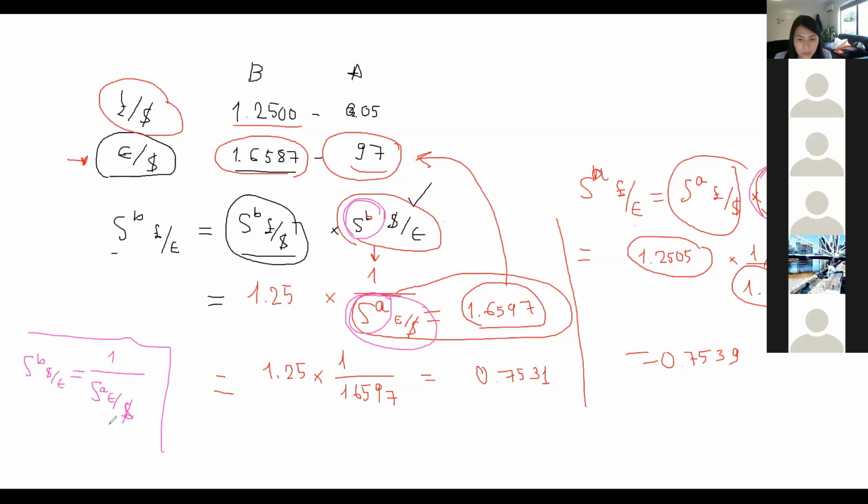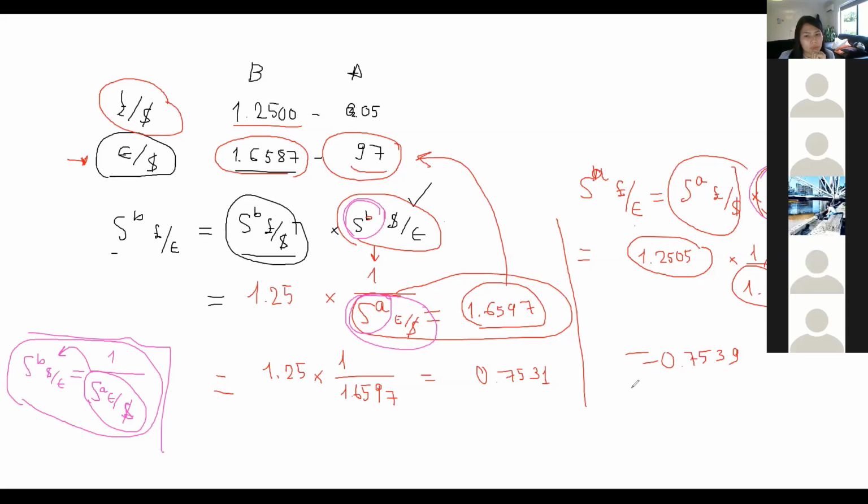So just be careful, guys. When you have the bid and ask spread, when you take the reciprocal of an ask, you're going to get the bid rate of the other exchange rate. Why that's the case is a bit confusing. That's because here you're looking at the rate that you buy the euro, right?